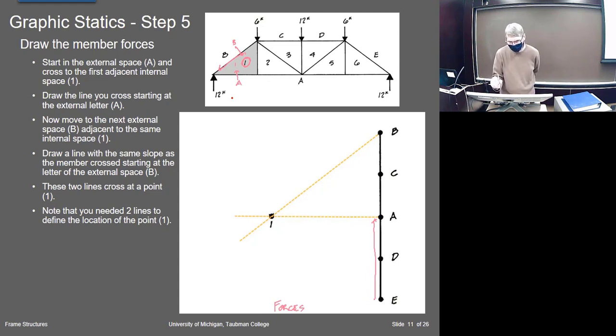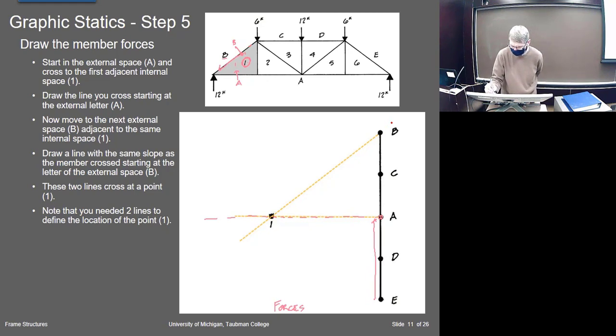So I can say, all right, let's start with this one, A1. It starts at A, and it goes to 1, wherever that is, and it's horizontal. So I don't know where 1 ends, because I don't know the force that's in A, but I can draw it out as a horizontal, right? And then this one goes from B to 1, and it has this direction.